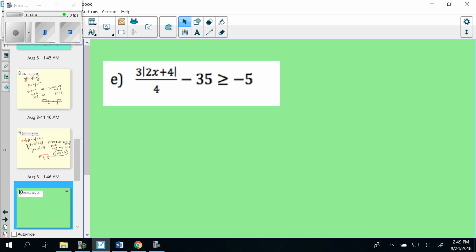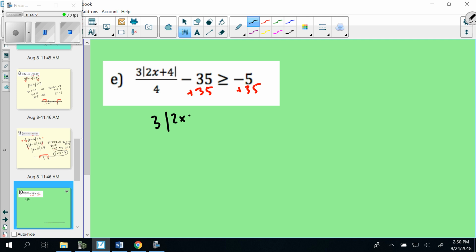All right, on E here, again, always isolate the variable first. So add 35 to both sides. And now we've got greater than 30.